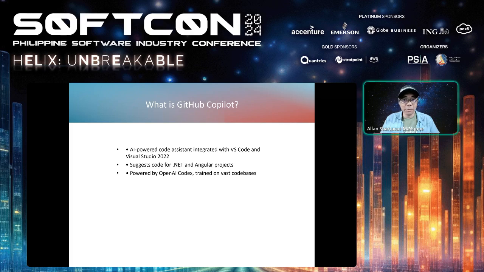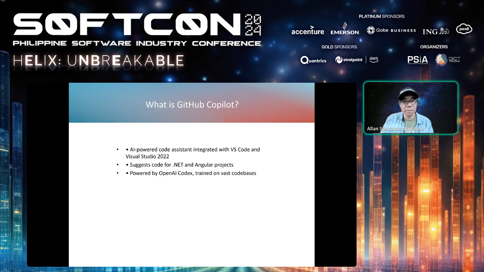And Copilot helps developers by suggesting entire lines or blocks of code as you type, based on the context of what you're writing. It is powered by OpenAI's Codex model, which has been trained on millions of code repositories, meaning it can generate relevant code for a wide range of programming languages and frameworks, including .NET and Angular.